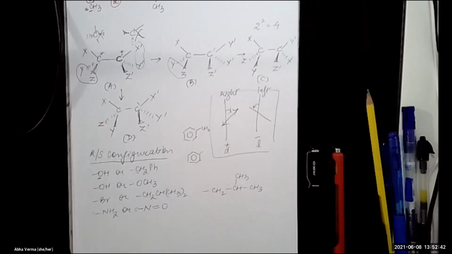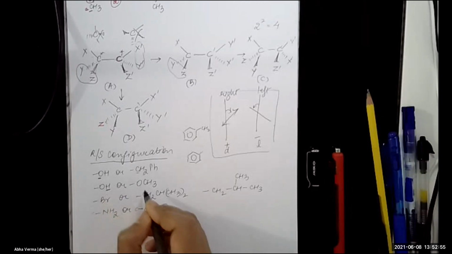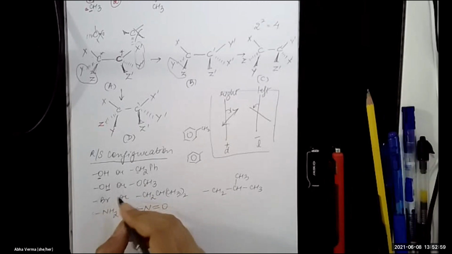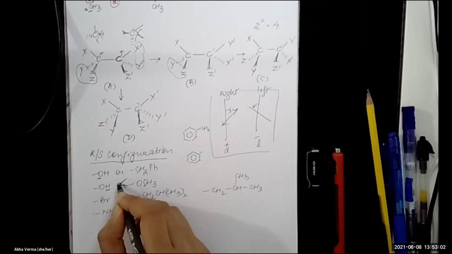And most of you have chosen that OH being more prior to OCH3 is wrong. And that is the correct answer. When you compare H and C, this is going to be a more priority group.